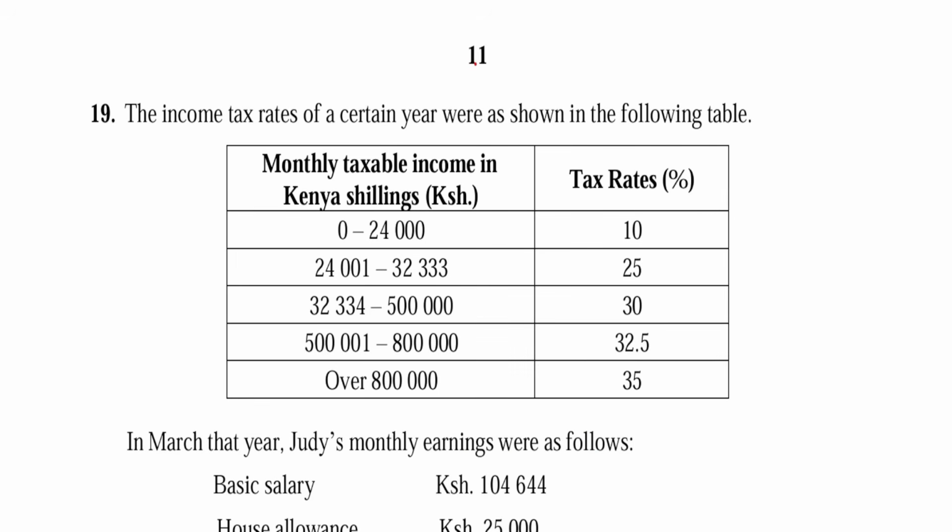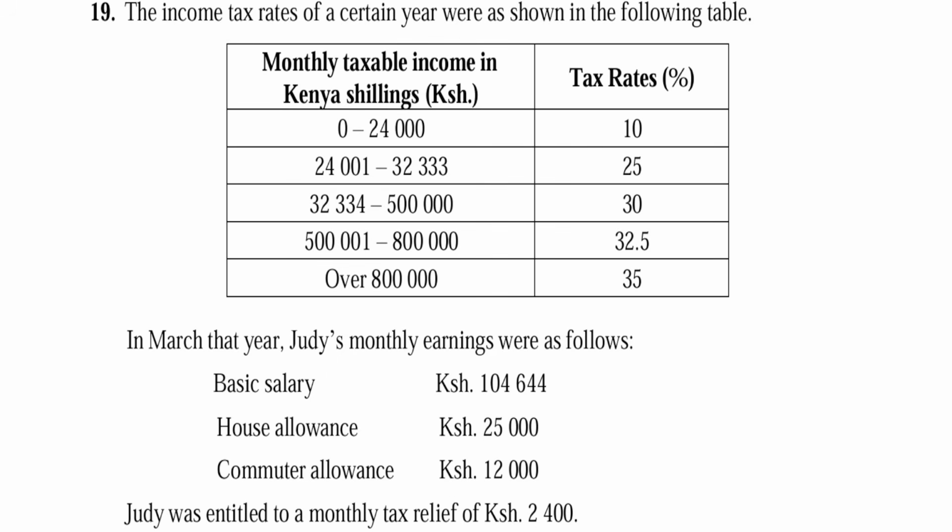Okay, question 19. The income tax rates of a certain year was shown in the following table. So ukiona hapa kuna monthly taxable income in Kenyan shillings 0 to 24,000 at a tax rate of 10% till 800,000, which is at over 800,000 we have a tax rate of 35%.